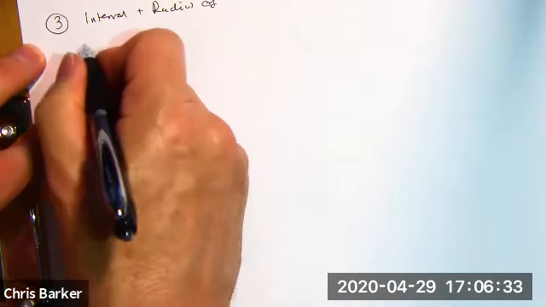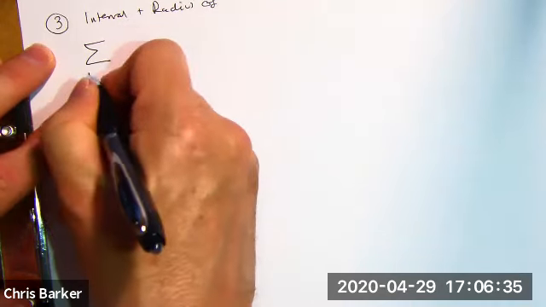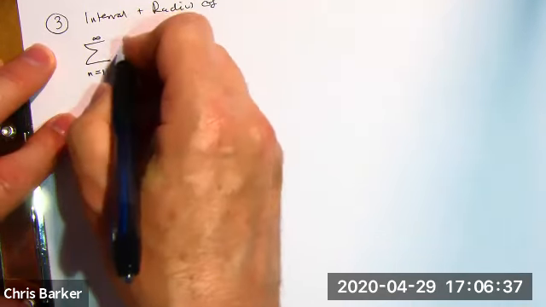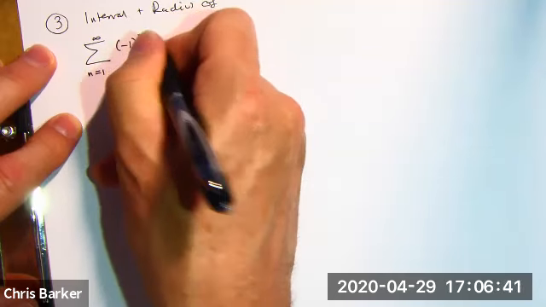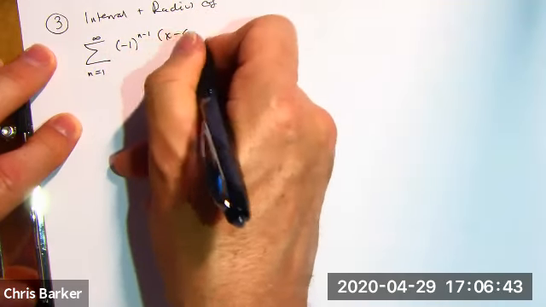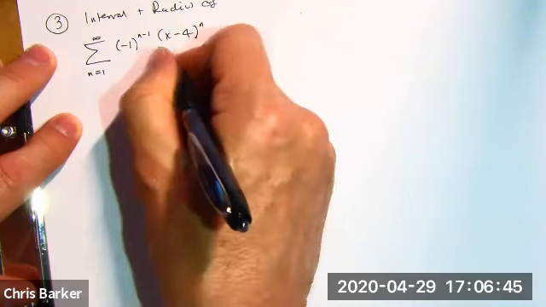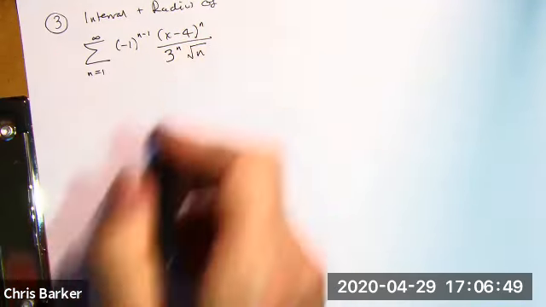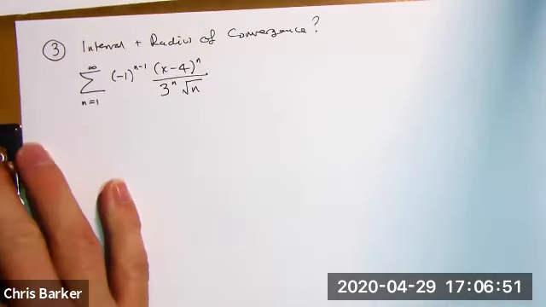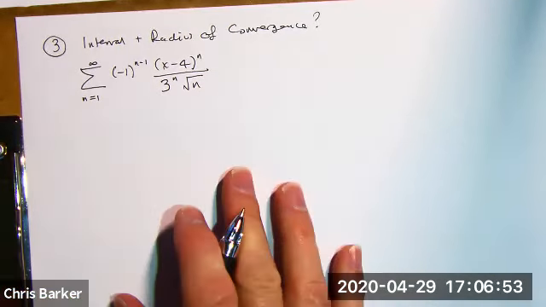And the power series is the sum, n goes from 1 to infinity, of -1 to the n minus 1 times x minus 4 to the n over 3 to the n times the square root of n. All right, find the interval and radius of convergence of that series.